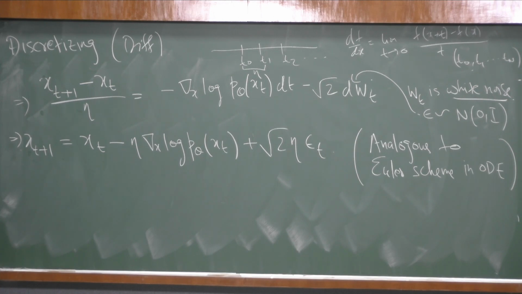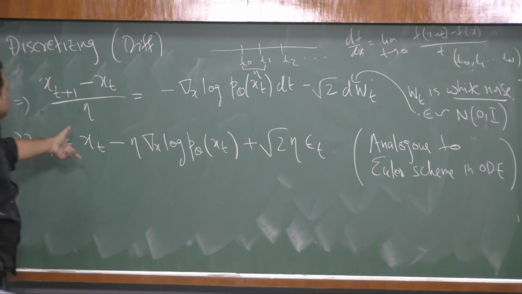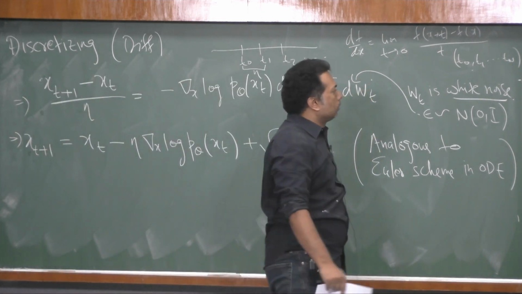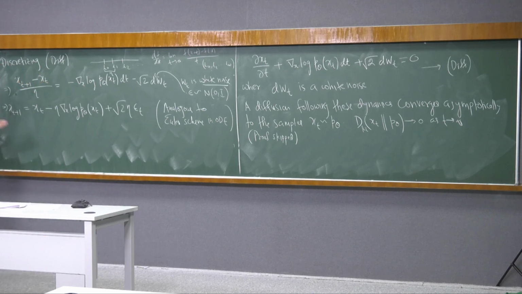Hence the only way this discrete becomes closer and closer to the continuous variant is when eta is close to 0. All this is called Langevin dynamics, but let us skip that for the moment.